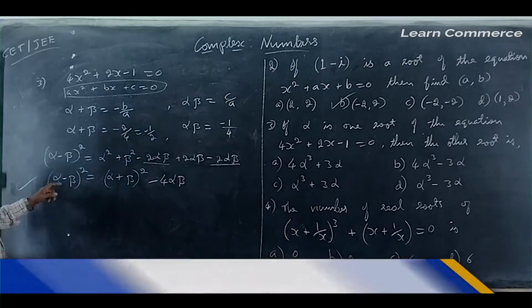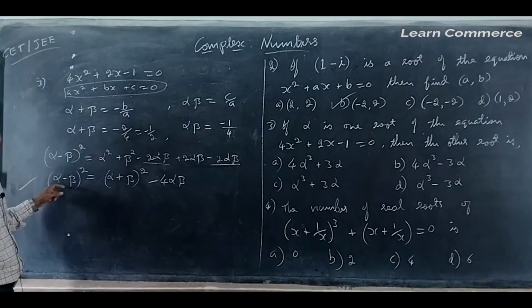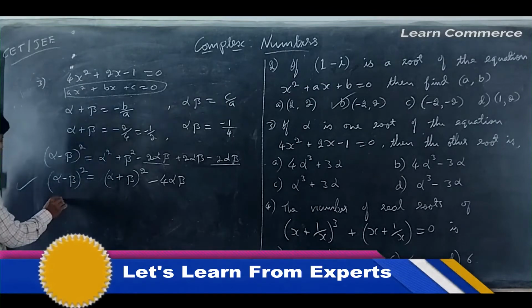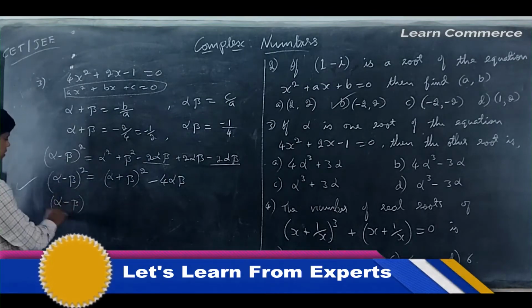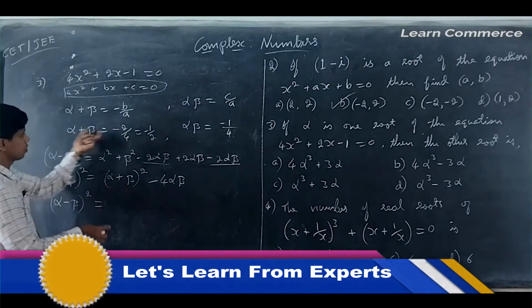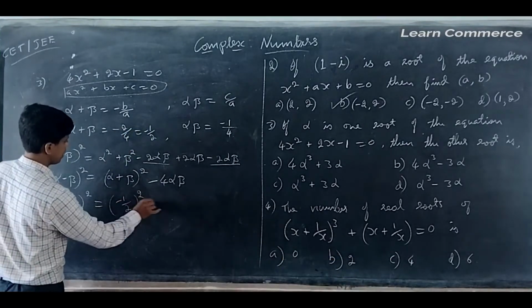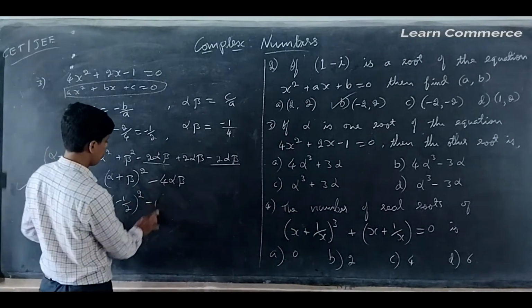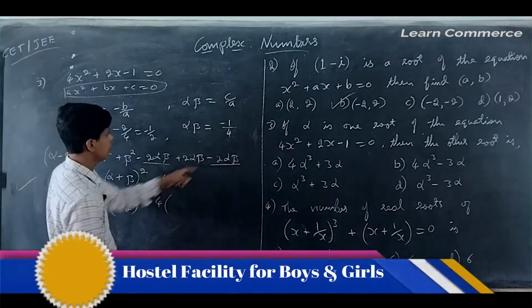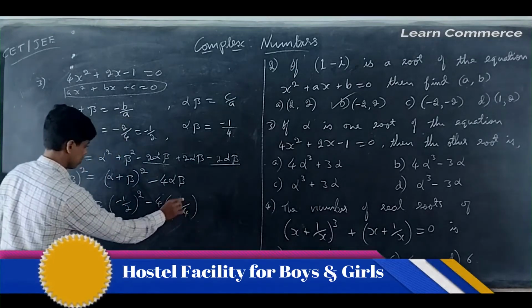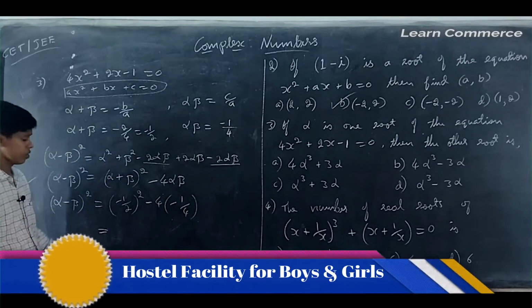Now what I am trying to do here is getting alpha minus beta, then with alpha plus beta and alpha minus beta, getting alpha and beta will be easier for us. So this is alpha minus beta square. What you know is alpha plus beta, that is minus half, the whole square, and minus 4 times alpha beta, which is minus 1 by 4. That is so much easier to simplify.